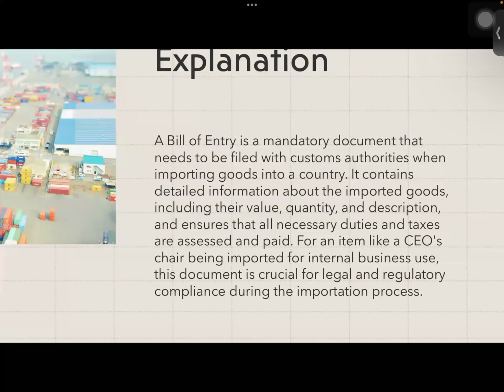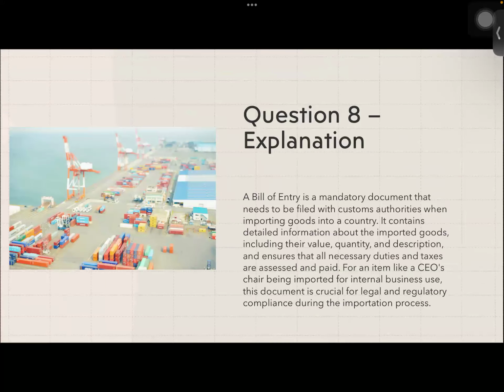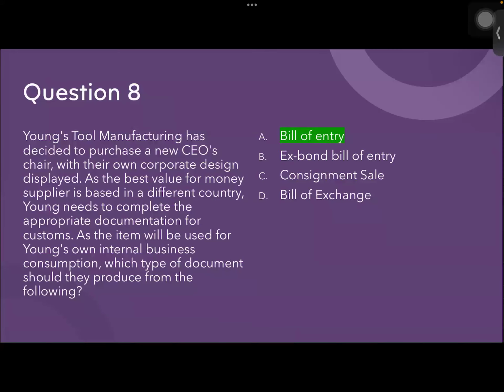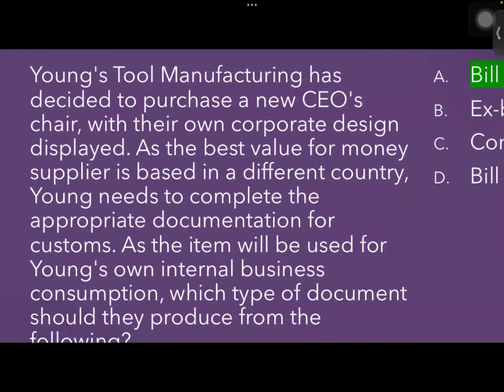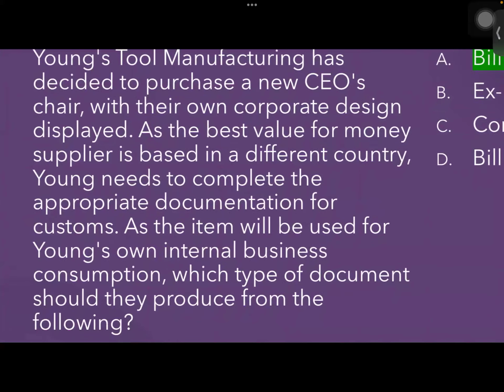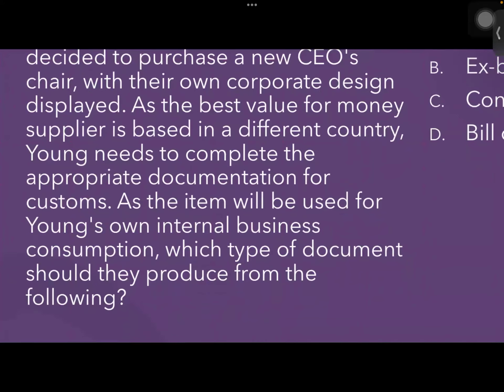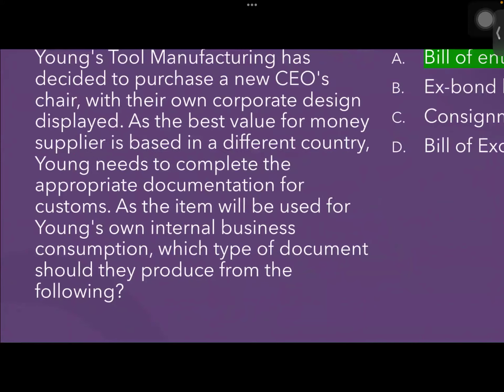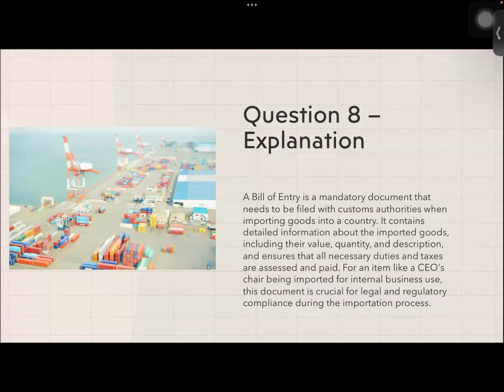It provides detailed information about the name, the description, the value, quantity, and ensures that all duties and taxes are assessed and paid. So this is a key document considering the scenario here. You can see that in the scenario, the keyword here is appropriate documentation for customs. So it must be about a custom declaration, and the bill entry is that document.